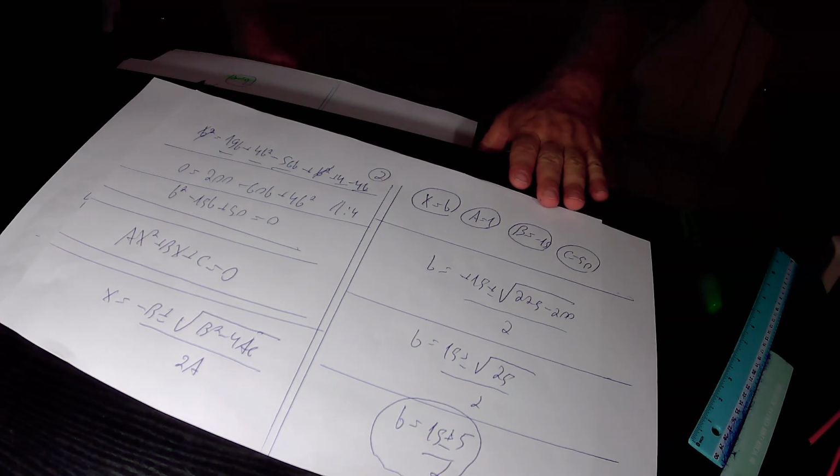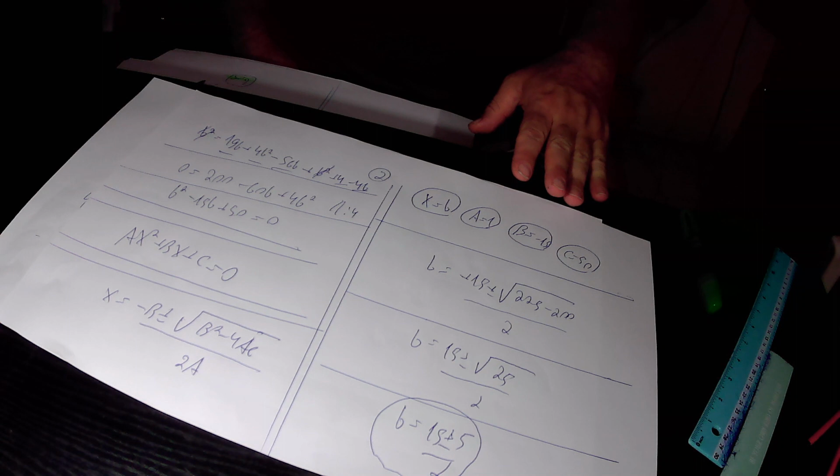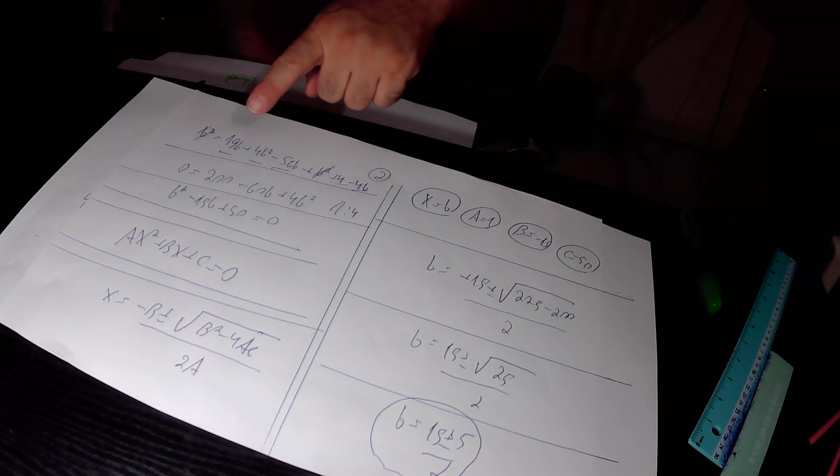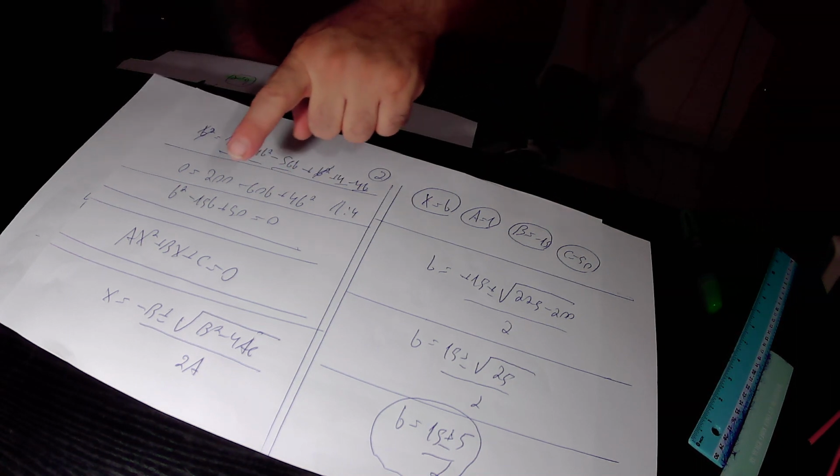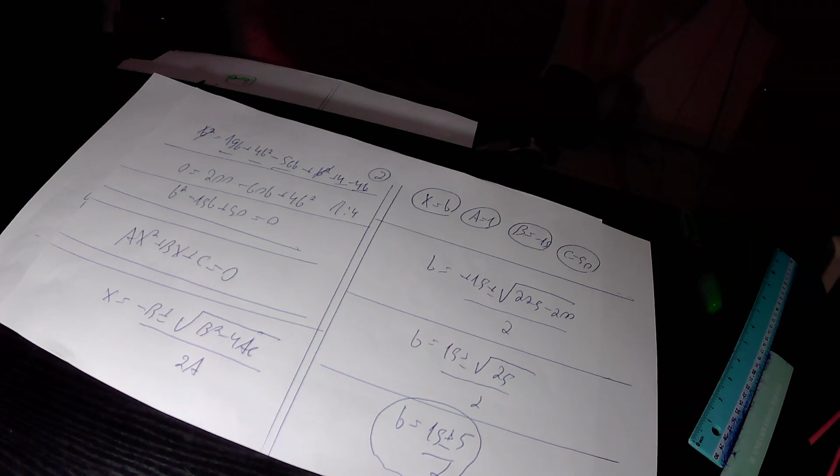So the only thing left to do is to put the data of our specific quadratic equation inside this formula. In this way we find the values of small b, because x equals small b.